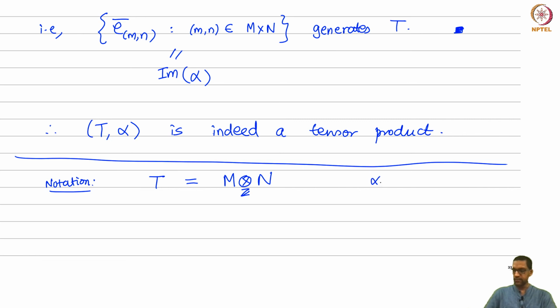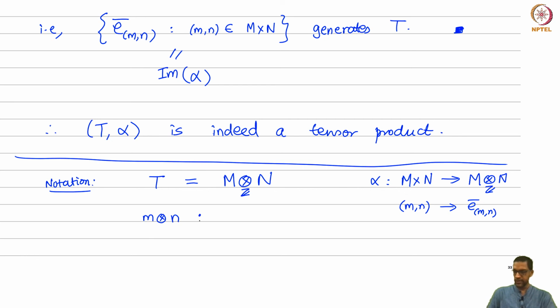So the alpha, recall, is a map from M cross N to T, which I am now calling M tensor N over Z. Any (m, n) goes to what we called E_mn bar. Now this image we denote by small m tensor small n.